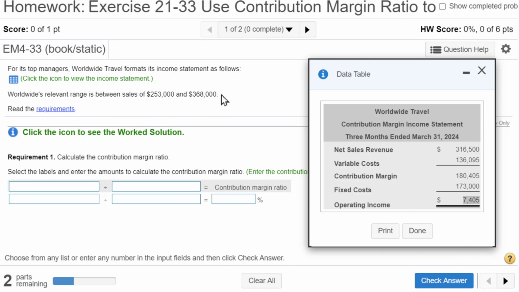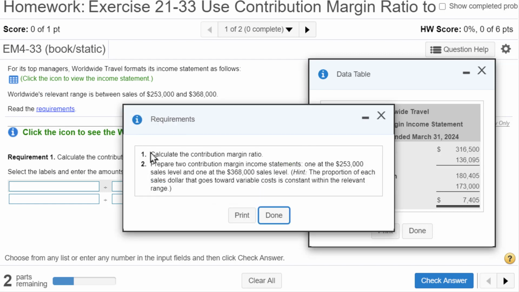So Worldwide's relevant range is between $253,000 and $368,000. That means between these two levels of sales, the fixed costs remain the same. So here's our requirements. Number one, we're going to calculate the contribution margin ratio, and then the CEO has asked us to do two what-if scenarios.